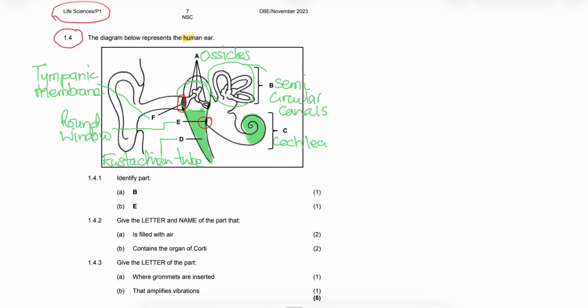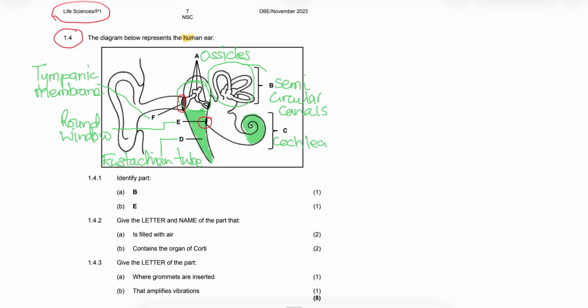Right? So we have labeled our diagram. That's the way we study the diagram. So the next thing that we're going to do is to try and address the question. But before we dive into answering the questions, it is standard procedure that every candidate should be in a position to answer the questions.